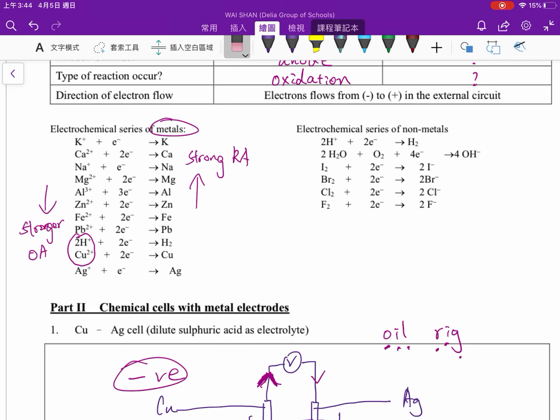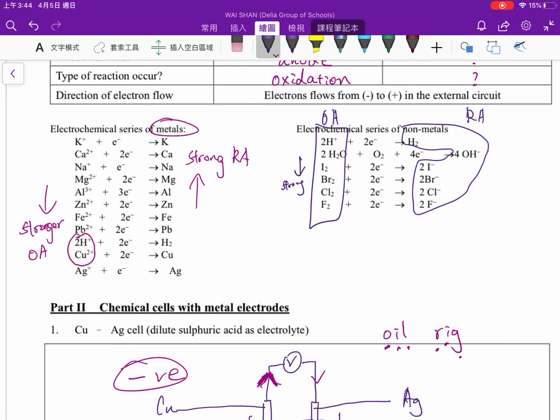When we look at the non-metal parts, these are oxidizing agent and these are reducing agent, right? When we look at oxidizing agent, the lower one will be stronger. For reducing agent, the upper one will be stronger.